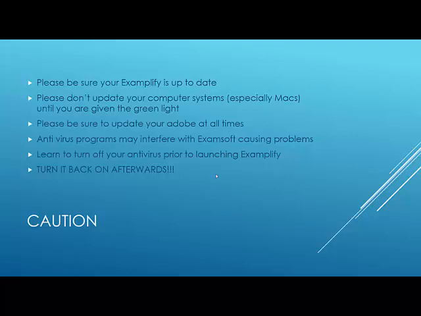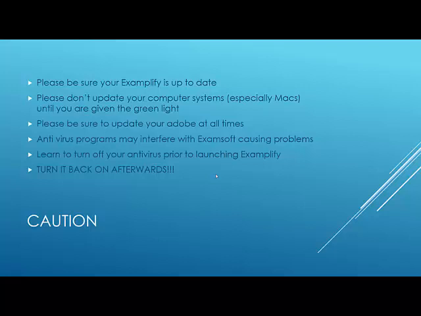Make sure your Adobe is up to date at all times, because it is used for attachments or equation sheets or something like that. If your Adobe's not up to date, you might not be able to download those important information pieces you need to take the exams.